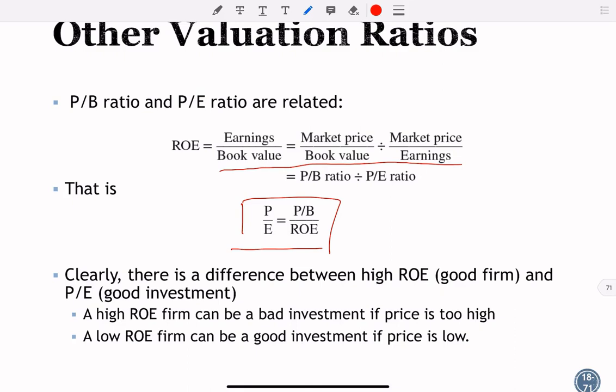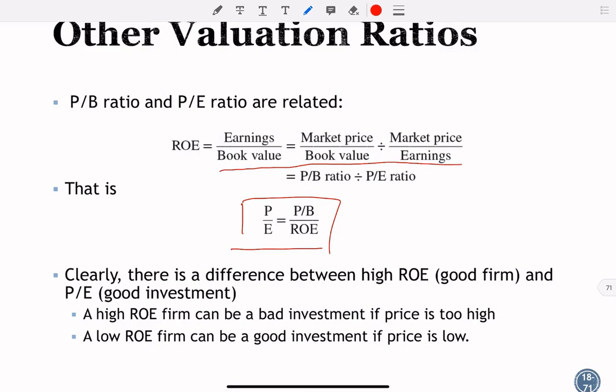And it also tells you that you need to make sure that you understand the difference between a good firm and a good investment. Sometimes you might think a good firm is always a good investment. This is not true because even if a firm is good, but if its stock price is too high, this firm will still become overvalued, right?